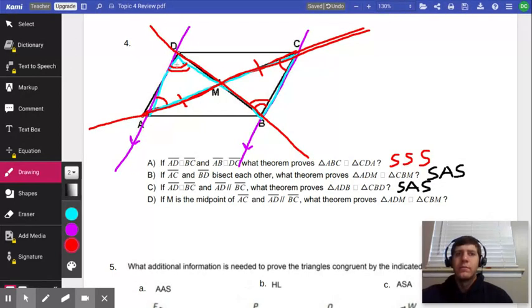Okay. The other thing you can do is you do have vertical angles, so you can also fill in vertical angles. Okay. So now we can either use angle side, or we can use angle side angle, whichever one you want to use there.